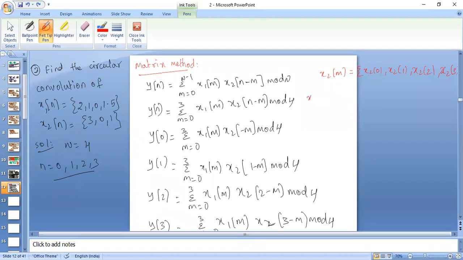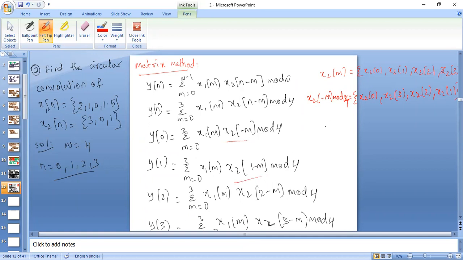So whenever we want to write x2 of minus m mod 4, the origin sample is considered as it is, so x2 of 0, and the other samples should be considered in reverse order, means x2 of 3, x2 of 2 and x2 of 1. Similarly, we have written coefficients for x2 of minus m.